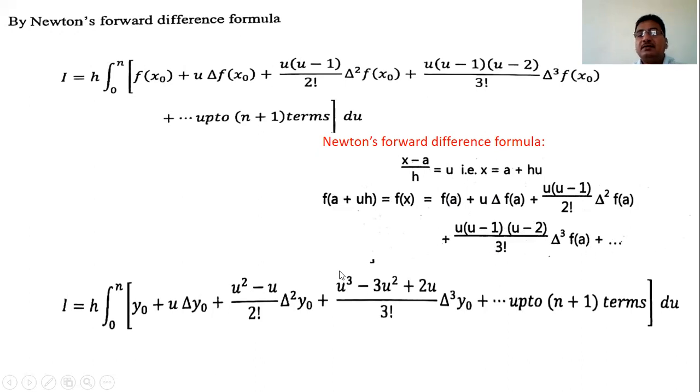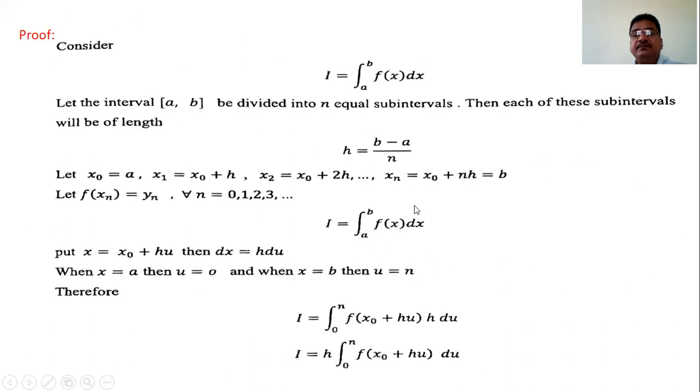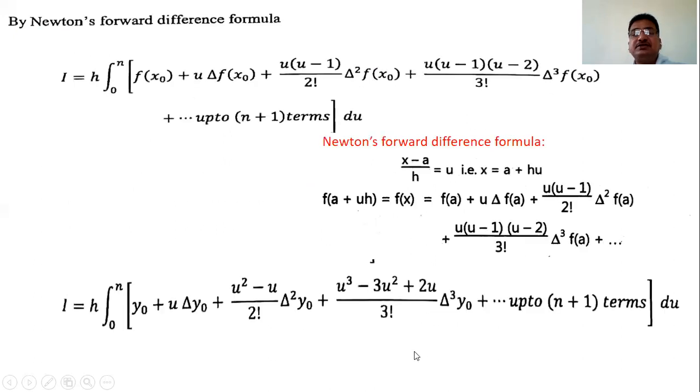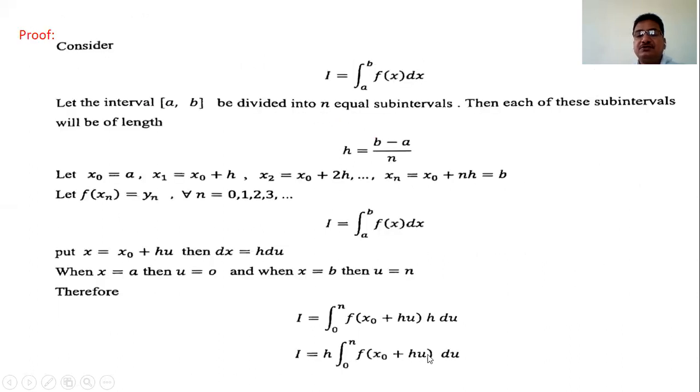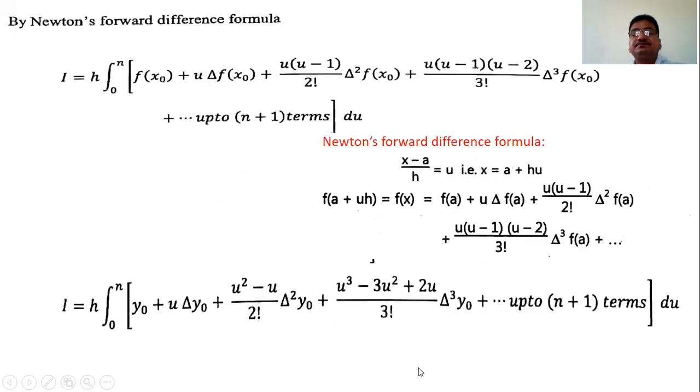Here the notation is x0, f of x0, instead of a, and the argument is x0 plus hu. So f of x0 plus hu, the expansion of this term, is what?